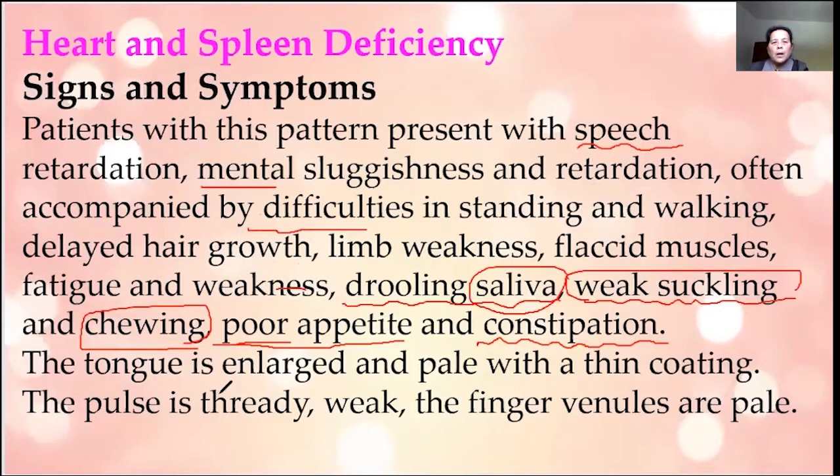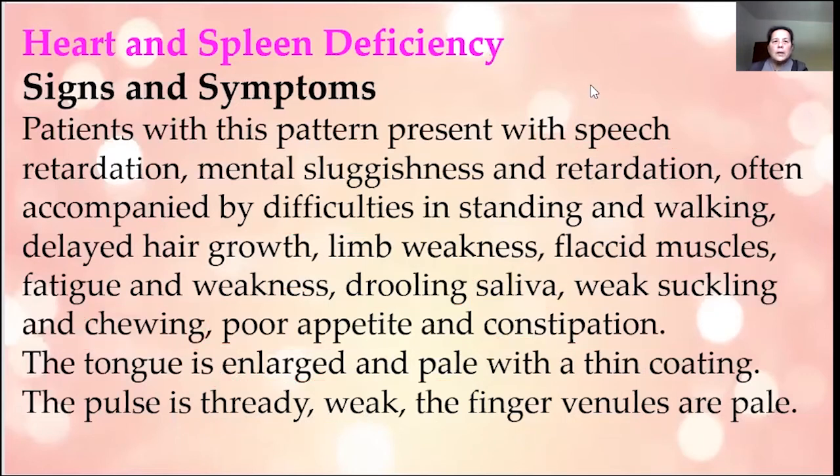The tongue is usually bigger, which is qi deficiency with body fluid not circulating, maybe pale with possible teeth marks. The pulse is a deficient pulse. The finger vein is a light or pale color. So that is generally related to spleen deficiency.